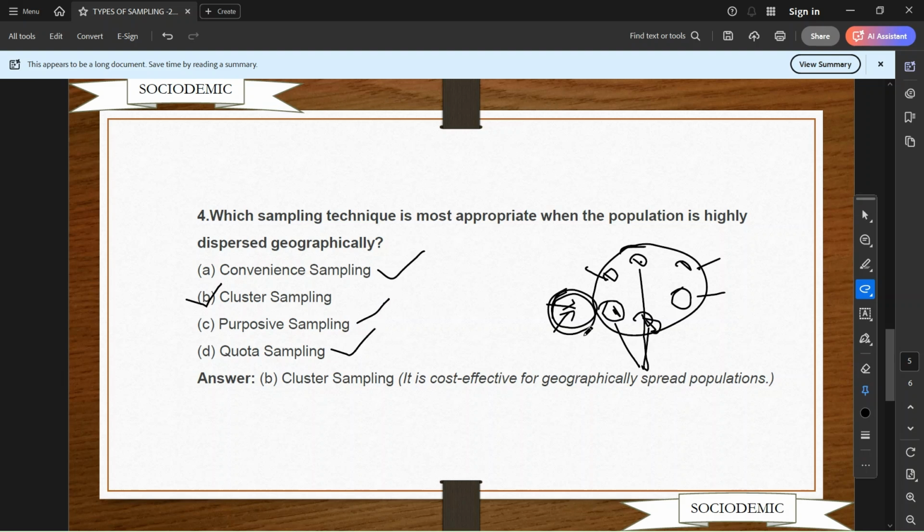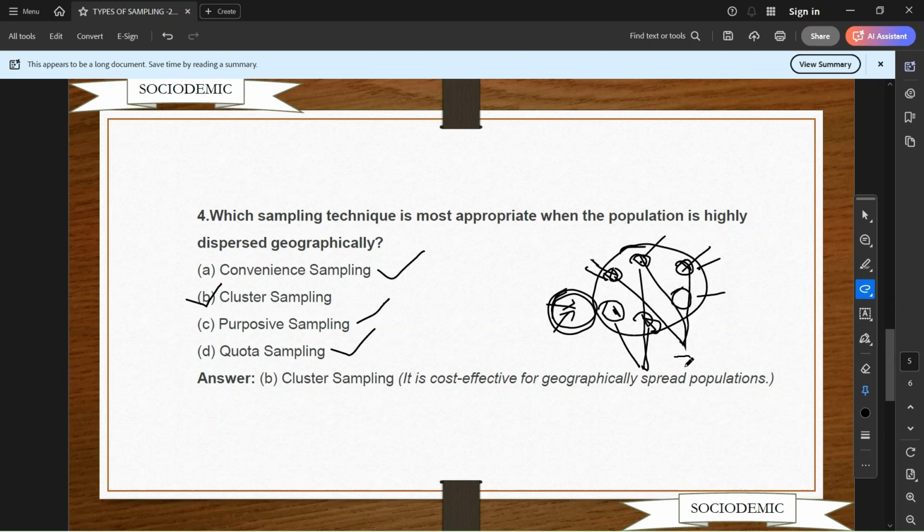Okay, purposive sampling and quota sampling. Quota sampling means, friends, here this is one cluster, this is one cluster. For example, here only children are there, here only women are there, here only elders are there. So quota sampling means take 3 persons from children, 3 persons from women, 3 persons from elders.